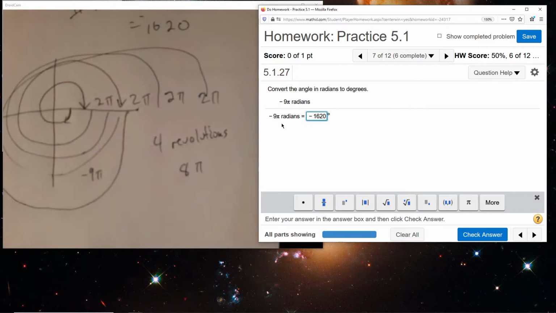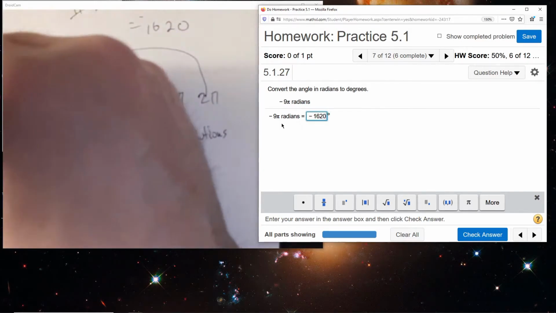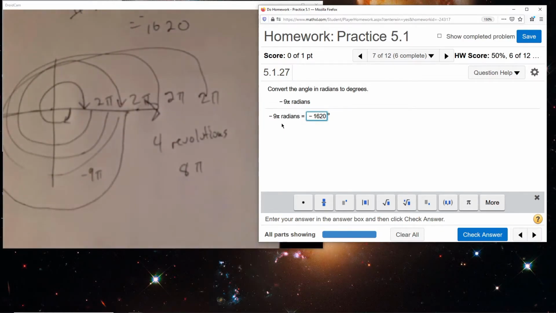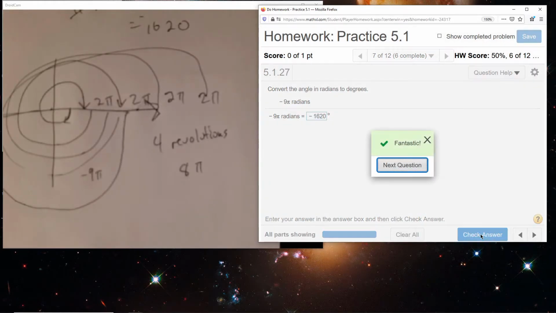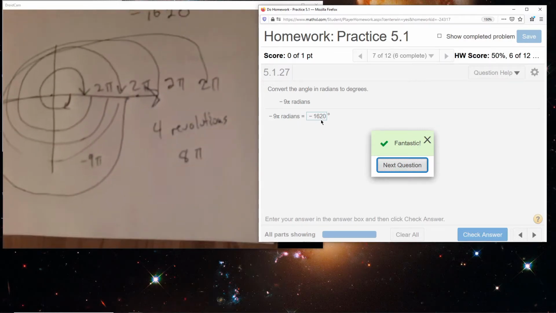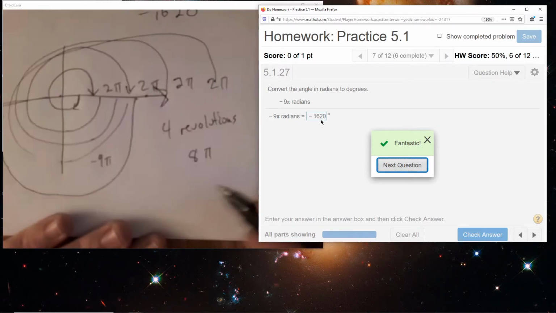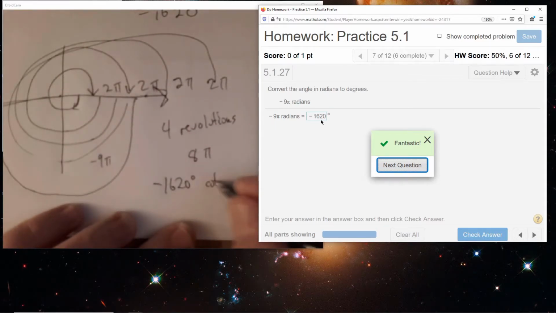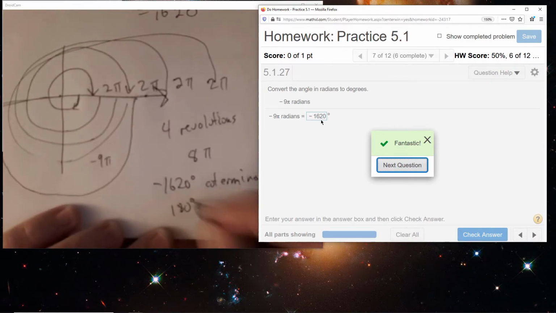And so our terminal line will end here. And so what we're seeing is a straight angle. And by the way, just to connect some more things with the lecture video, what I just drew out in this picture is minus 1620. This is coterminal with 180.